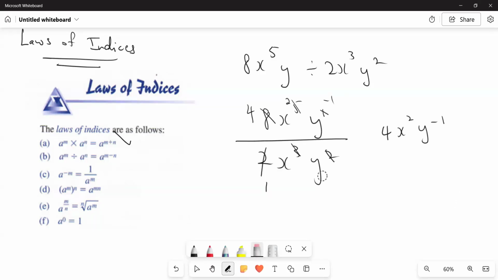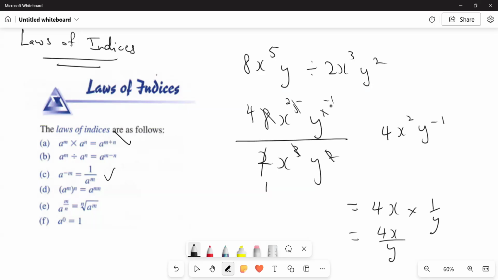The x cancels out. So you get 4x squared y to the -1. But this looks ugly. So that's equivalent to 4x squared times 1 over y. Remember this rule? So now it becomes 4x squared over y.